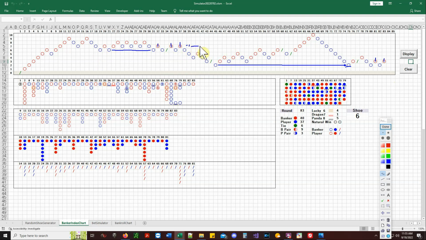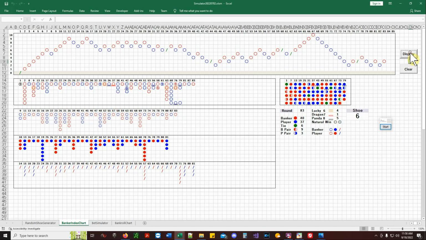Look at this right here. Even though that's a counter play, if you were counter betting, you would have lost that. But since you're in a banker shoe, you're only looking for support. You're only looking for support plays. Okay? Let's look at another shoe.